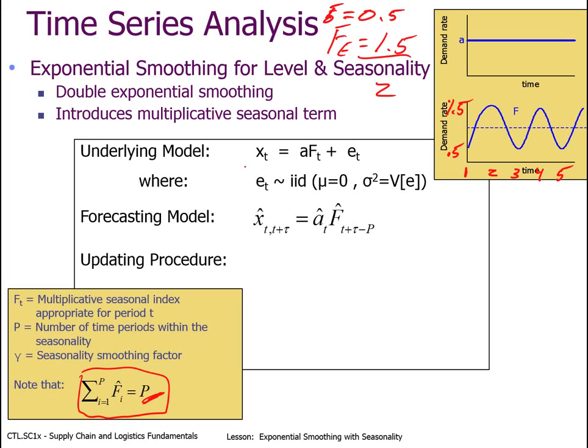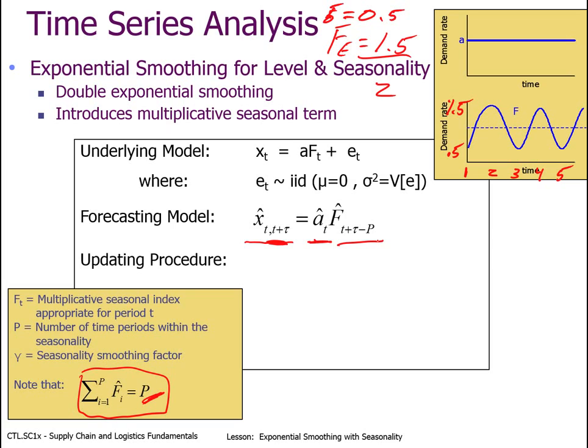So my forecasting model is going to look very similar to the underlying model, like it always does. The forecast, or the estimate for the demand made in time t for time t plus tau, so I'm going tau units in the future, is equal to the estimate of the level made at the end of time period t, multiplied by the seasonality index, f hat t plus tau minus p.